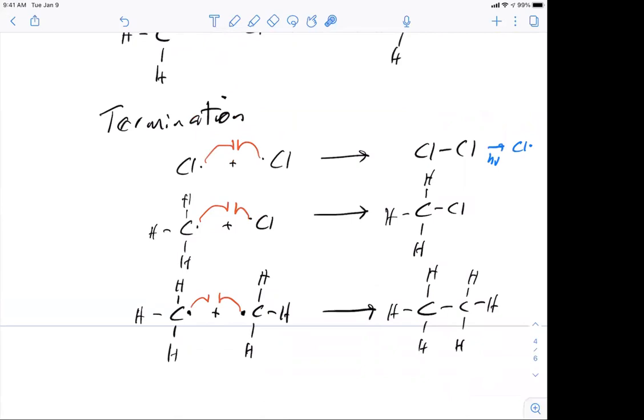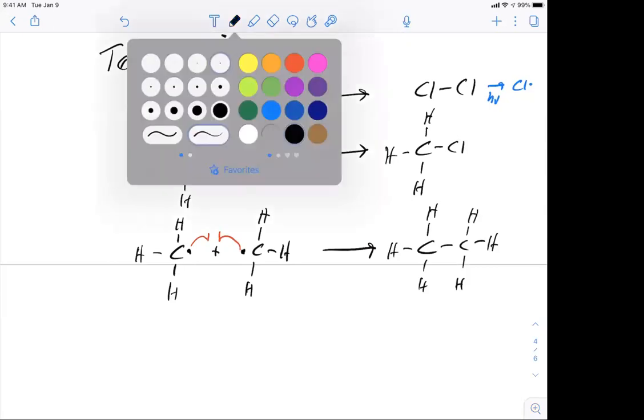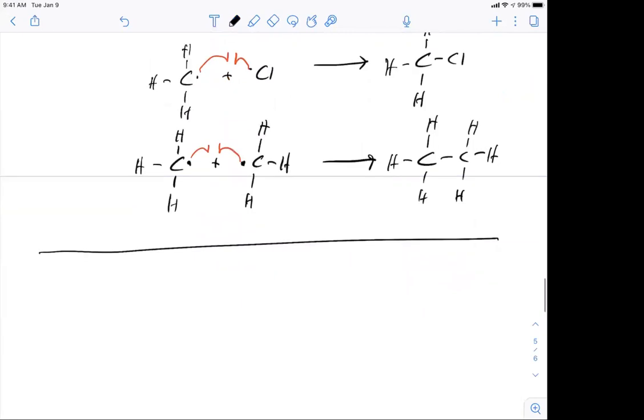You could even think about a small trace of this ethane reacting with a radical, and all of a sudden we have an ethyl radical. If you wanted to identify all of the reagents in a radical reaction, you're going to have a very long thesis on termination.